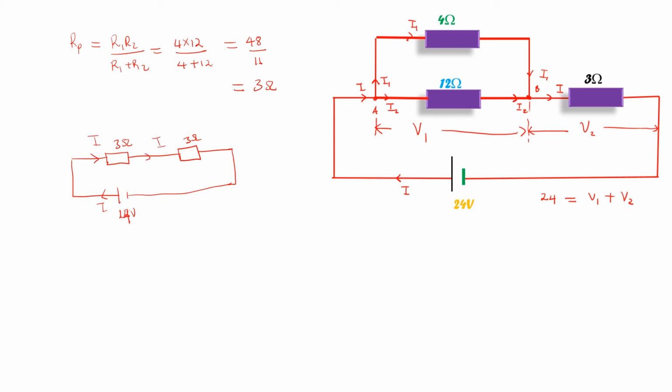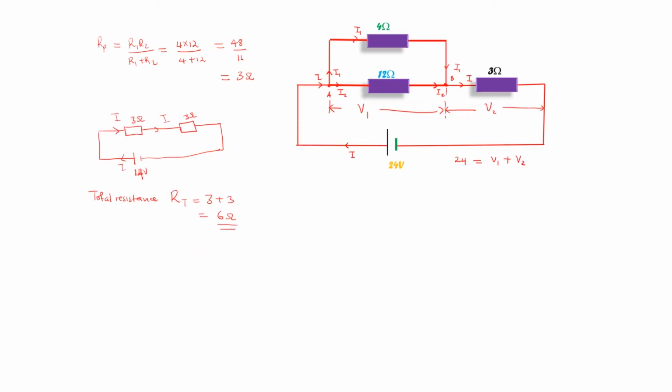Therefore the total resistance R will be 3 plus 3, and this gives us 6 ohms, and that is the total resistance in the circuit.